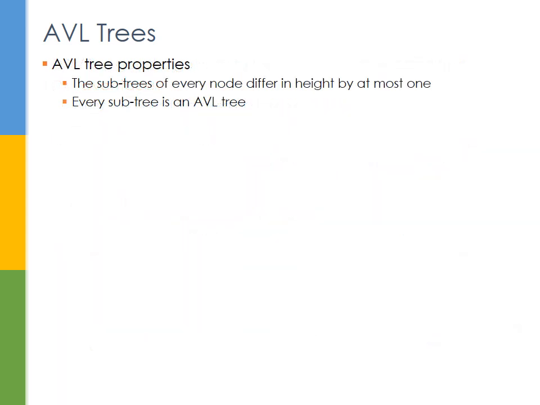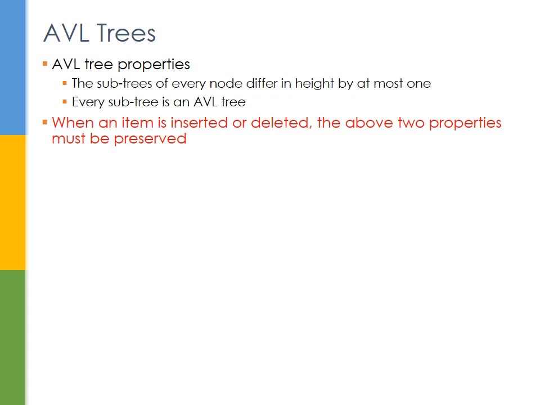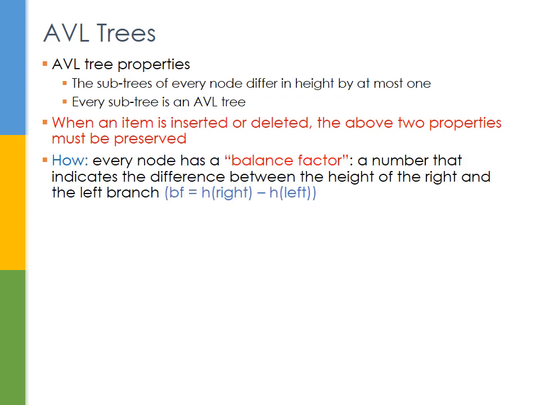On the previous slide, we introduced these two properties which an AVL tree must have. What this means is when an item is inserted into the tree or deleted from the tree, then these two properties must be preserved. So how do we achieve this? Well, every node within our AVL tree stores an additional piece of information which we call a balance factor.